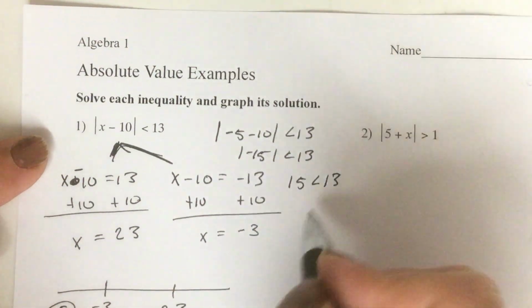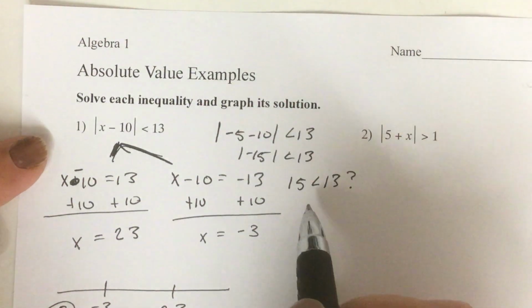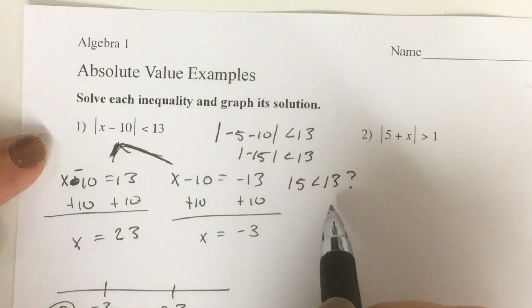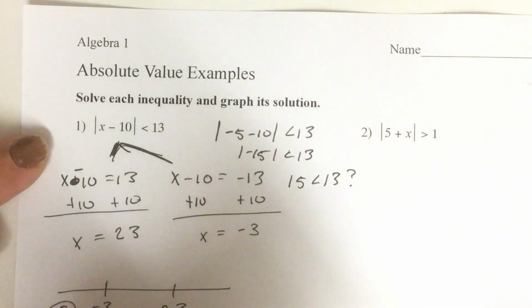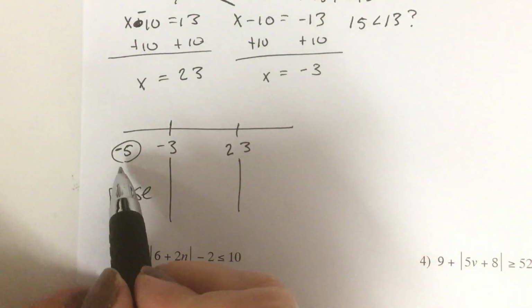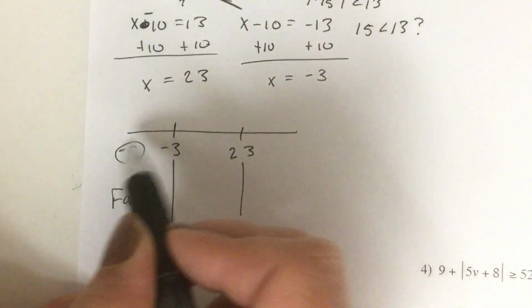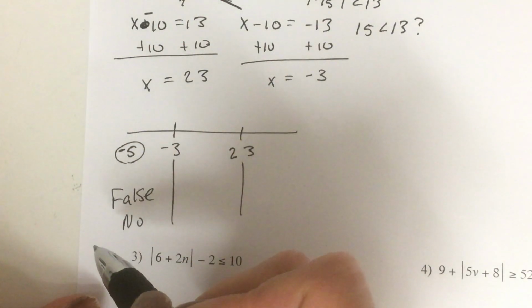And so I'm checking to see, is this true? Well, it's not. 15 is not less than 13. So this is false. Or you could say no, it doesn't work in this section. I picked negative 5 and it didn't work, so any number in this section doesn't work.